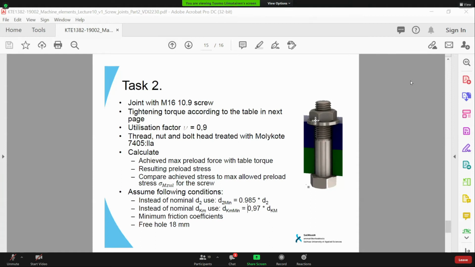So therefore, bolt preload control through torque tightening is, I would say, quite an unsure method of preload control.